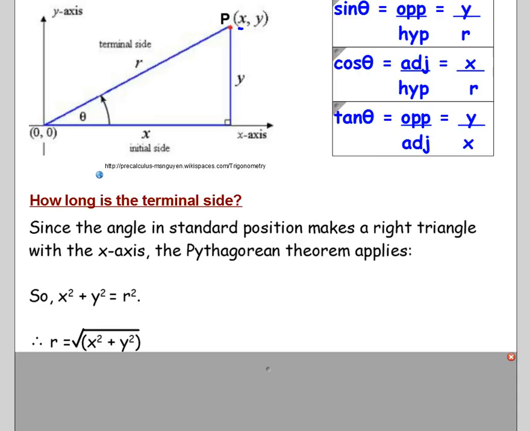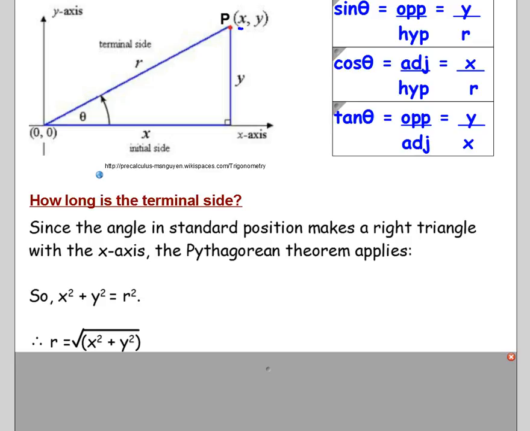We also need to know how to calculate the length of the terminal side or terminal arm. That's not information that we find directly from the coordinates, because those just give us the horizontal distance away from the origin and the vertical distance above the origin.